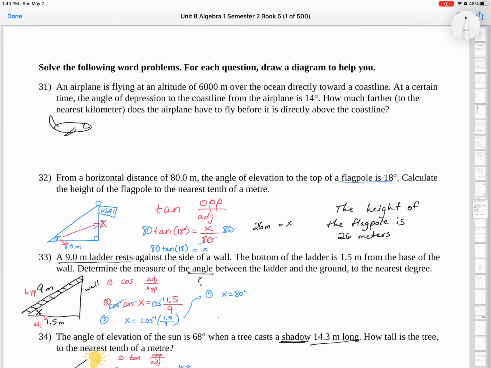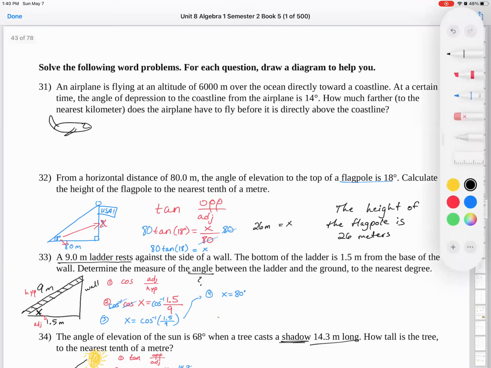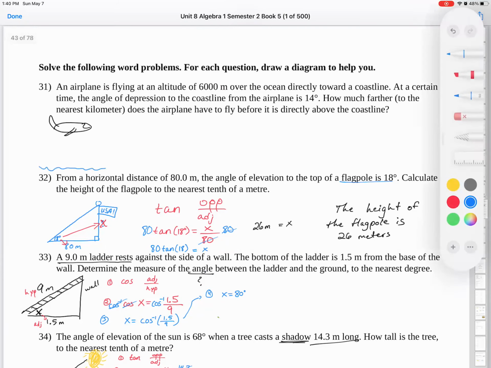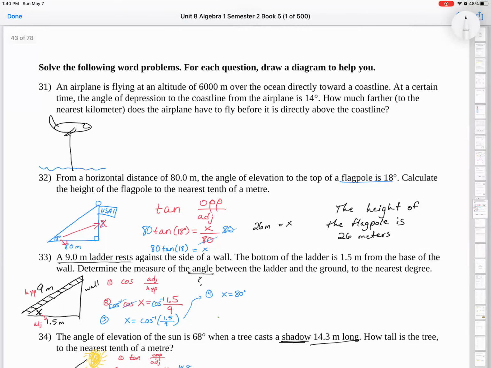It is flying above the ocean. We have it right above an ocean, and its altitude is 6,000. So altitude would represent height. So really, guys, I'm just going to help you out with the drawing part first and kind of the start of it. So the height is 6,000 here.